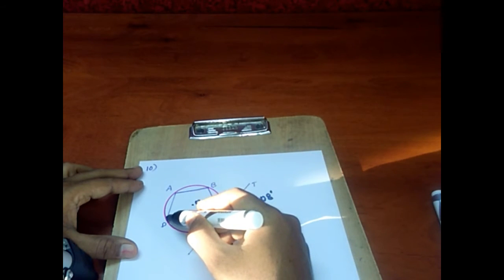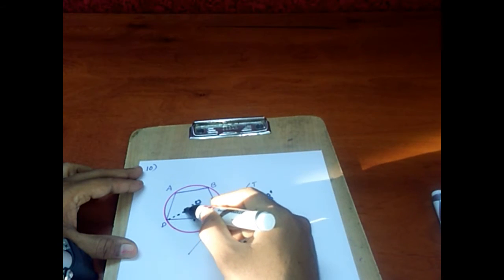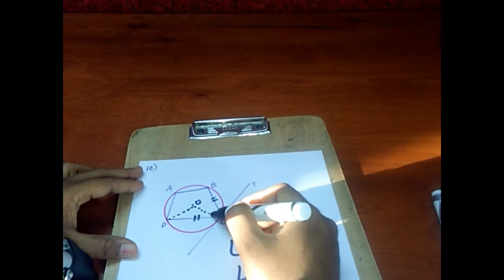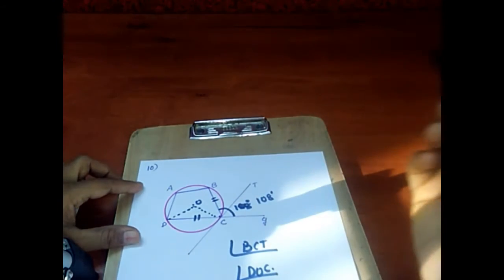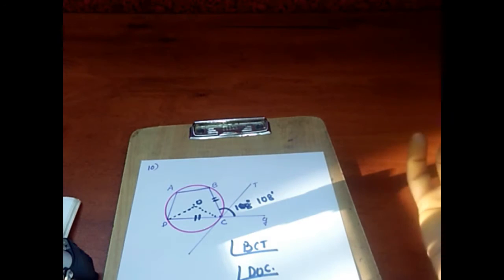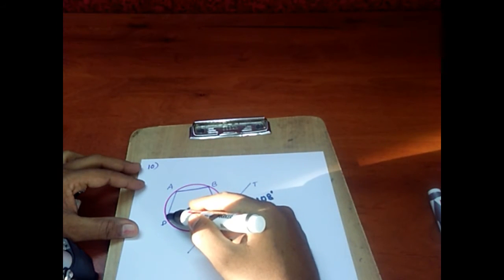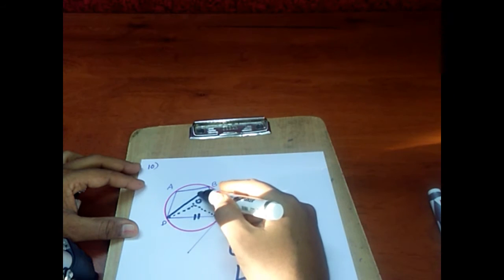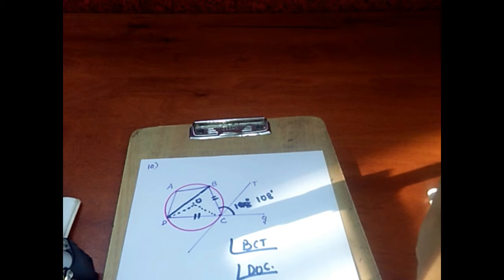As it is asked to find DOC, let us join DOC. This problem, children, can be solved in many ways as it is related to angles. So I'll be going with a very simple manner. First I am going to join DB. Just observe the solution.